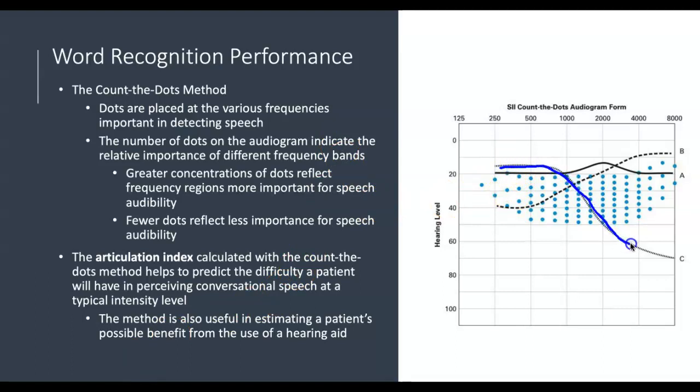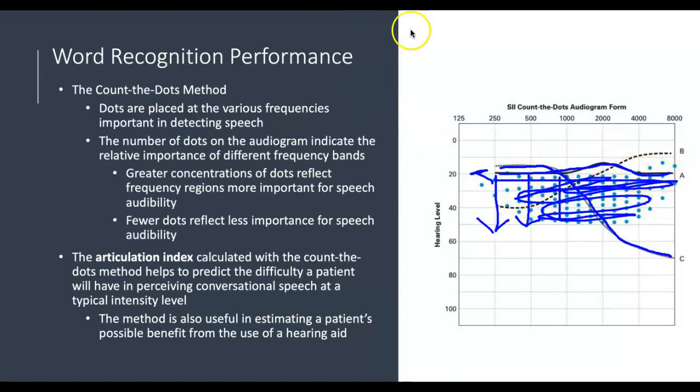Okay. So if you think about it, let's use A first, because A is essentially a normal hearing audiogram. And if you think about it, they can hear everything below this line, right? Because if this is the lowest level they can hear, they can hear all of this. So for the normal hearing person, they're basically going to get all the dots, maybe a couple here, but yeah, they're getting 97% of the dots, okay, for the A audiogram, the normal hearing, okay?